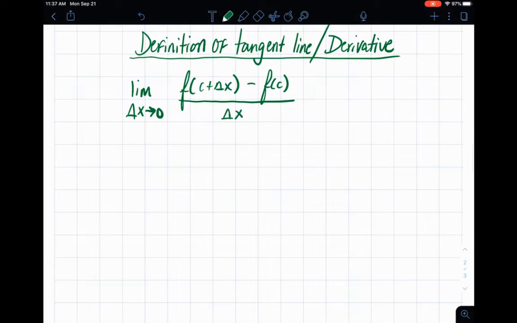This is the definition when x is c; we've made x be sub c. The definition that we're mostly going to use is the same thing, we're just going to change a few things and make it a little bit easier.